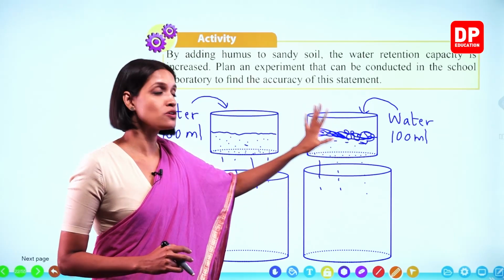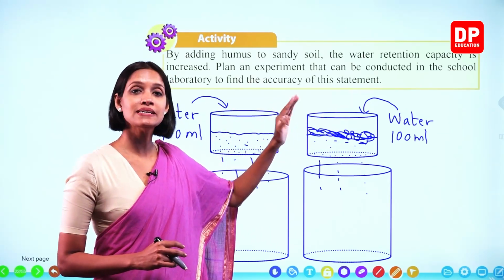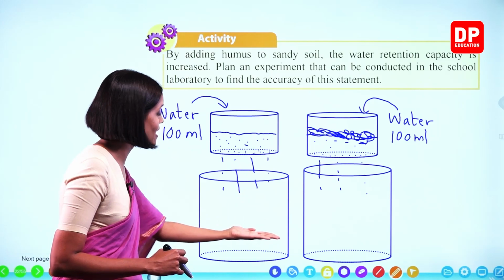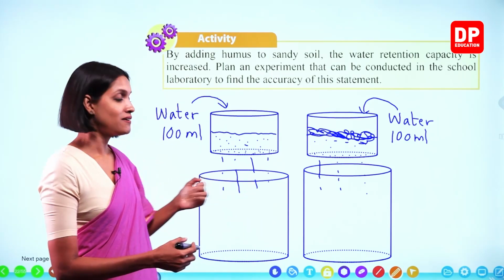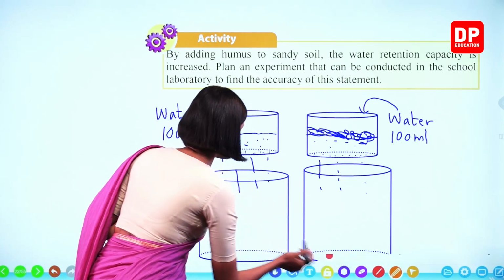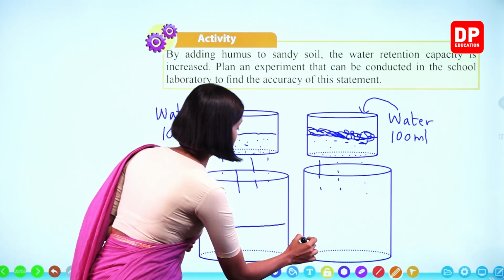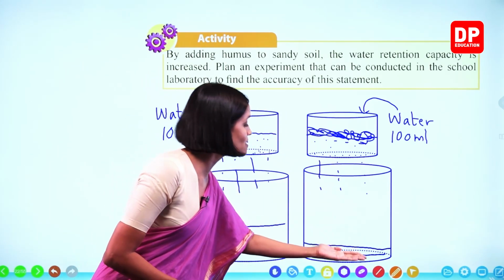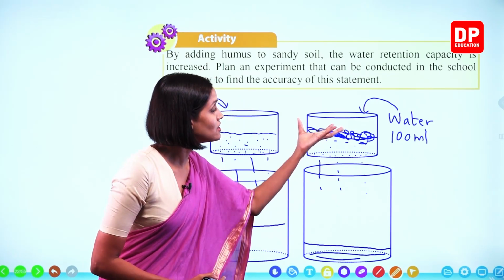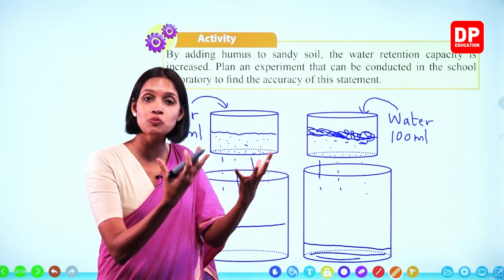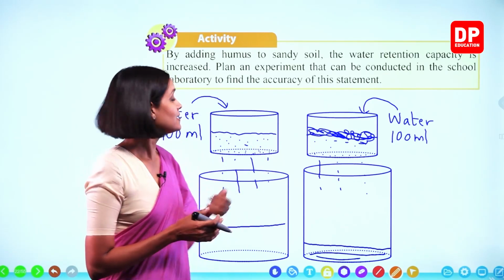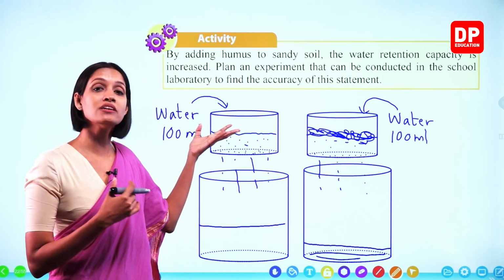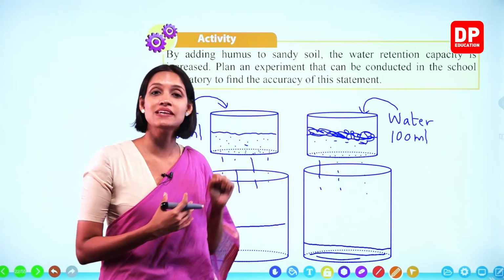We poured equal volumes of water into both these soil samples, and that water goes through the soil and through these tiny holes and collects in these two beakers, right? So it was obvious that this beaker had more water than that beaker. This beaker has less water collected, which means the soil retains more water. Here this beaker collects more water, which means the soil does not keep as much water as this sample.